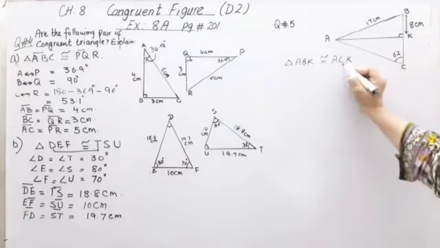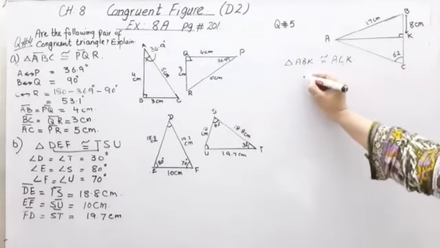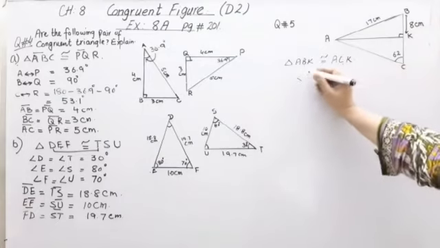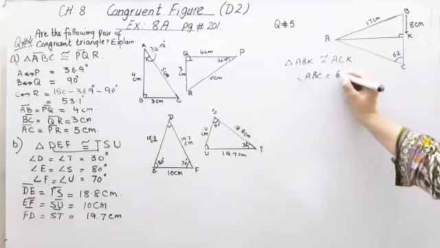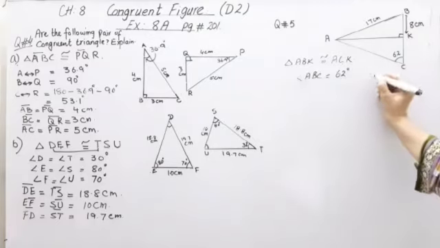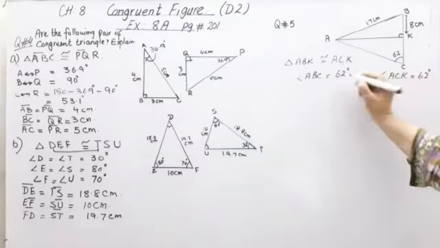B and C are corresponding. So we say angle ABC is equal to 62 because angle ACK is equal to 62 degrees.